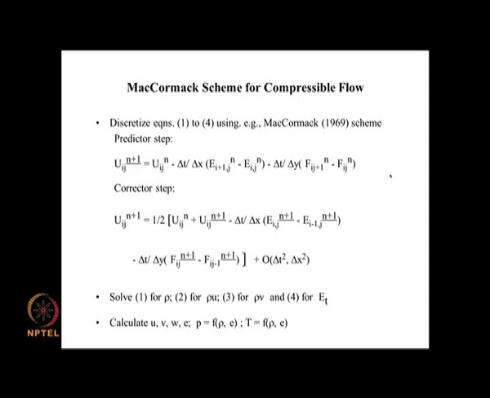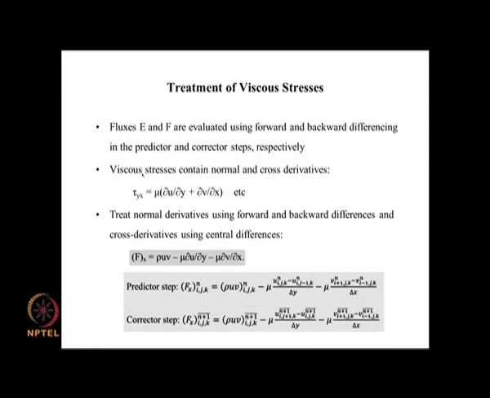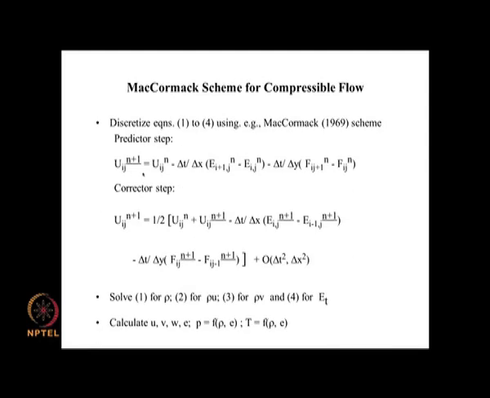Because it is a two dimensional problem, we write u_ij^(n+1 bar) is u_ij^n minus delta t by delta x times (E_(i+1,j)^n minus E_(i,j)^n) divided by delta x, and (F_(i,j+1) minus F_(i,j)) divided by delta y.